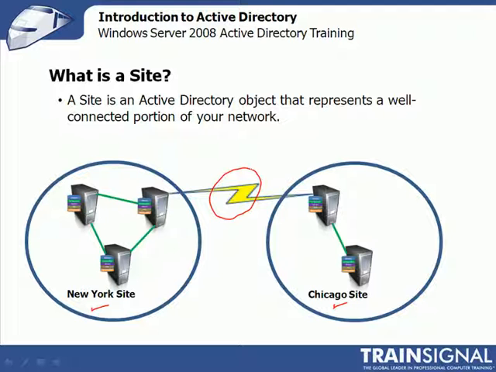Well, guess what? Even at those speeds, although that may be fast for the internet, that's not fast compared to a local area network, which on the slow end is going to be functioning at 100 megabits per second. And these days, very often, could be functioning at gigabit speeds, where we have a gigabit per second. So that's why I'm putting the emphasis on slower, because I don't want you to get confused when you see something that says, oh, we have a high-speed connection between the offices. Yes, it may be high speed, but it's slower.